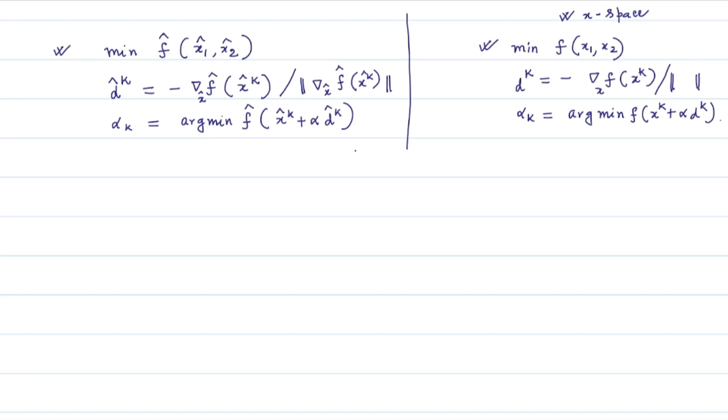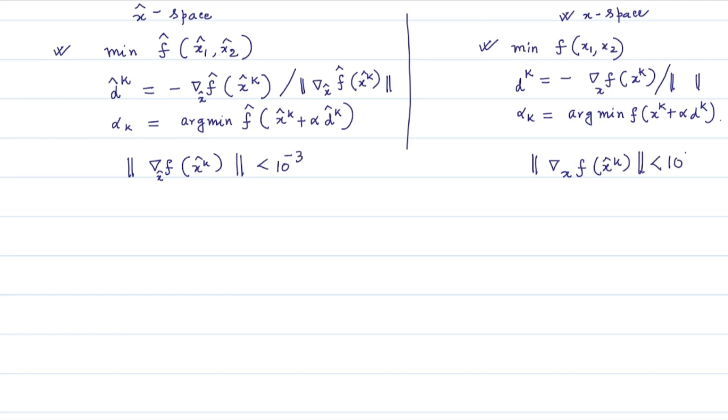For both problems, in the x hat space and the x space, take the stopping condition to be the norm of the gradient less than 10 to the power minus 3.